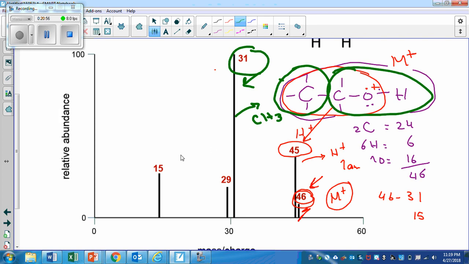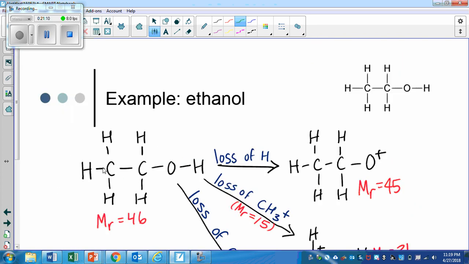Same thing, if 15 is left, that means this thing went out and the peak is shown by CH3. All this fragmentation is showing that this molecule will be broken down into small pieces. Again, the molar mass is 46, the very first peak. Loss of one hydrogen will give you the peak at 45.